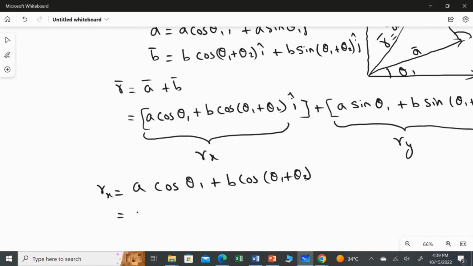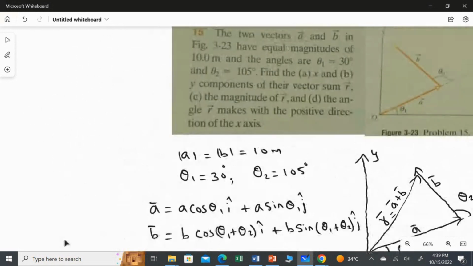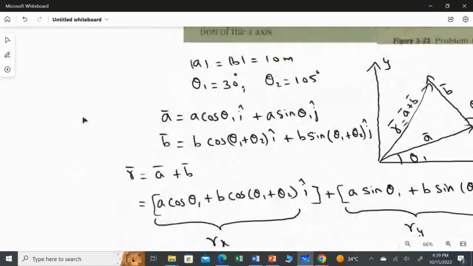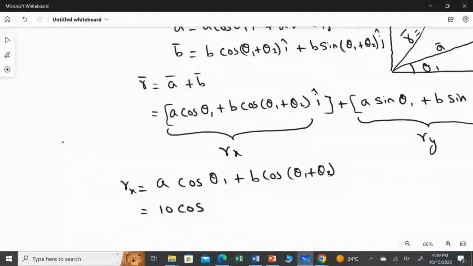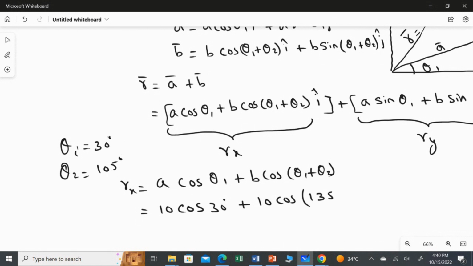The magnitude of the A vector is 10, multiplied by cosine of theta 1. Theta 1 is 30 degrees and theta 2 is 105 degrees. The B magnitude is the same as A, which is 10, cosine of theta 1 plus theta 2. 30 plus 105 is exactly 135 degrees.